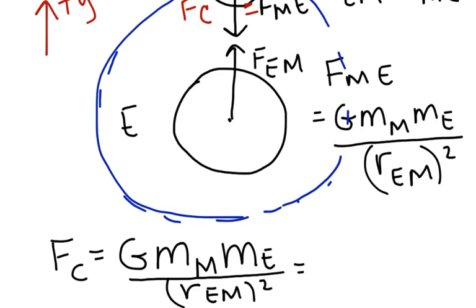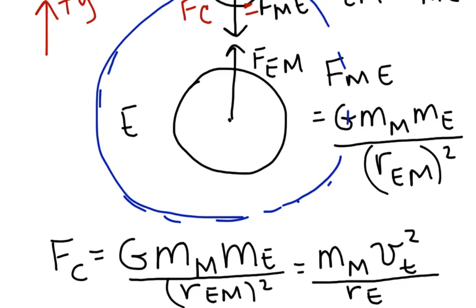Well, the object that is moving around in a circle is the moon. That's the mass of the moon from our previous lesson, multiplied by the tangential velocity of the moon squared, divided by the distance between the moon and the center of its circular path, which is the radius of the Earth-Moon distance.